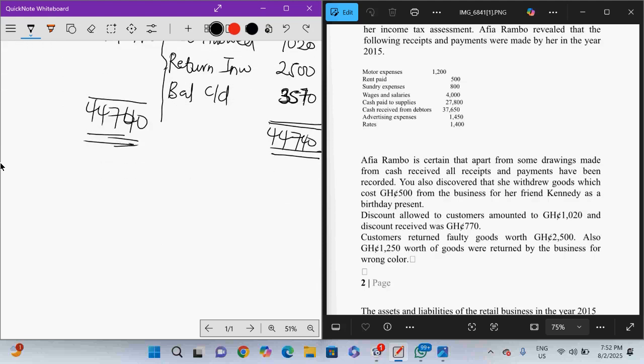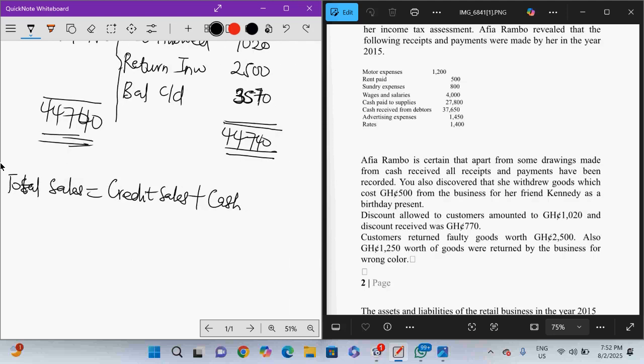Move on to the purchases ledger. So you see we have credit sales. If you want total sales, assuming in the question they give you cash sales, then the total sales will be the credit sales plus the cash sales. But if there is no cash sales, then the total sales is the same as the credit sales.